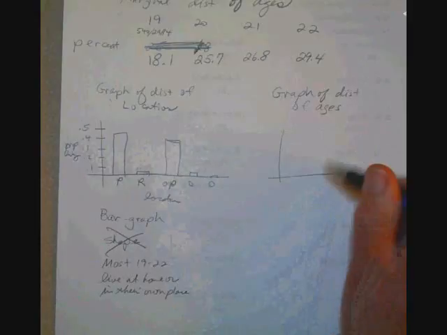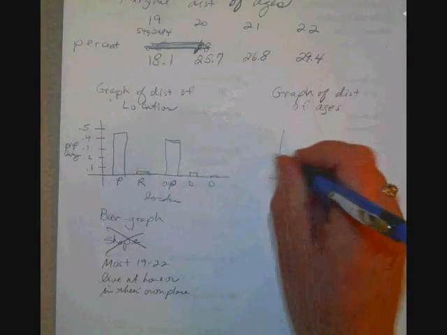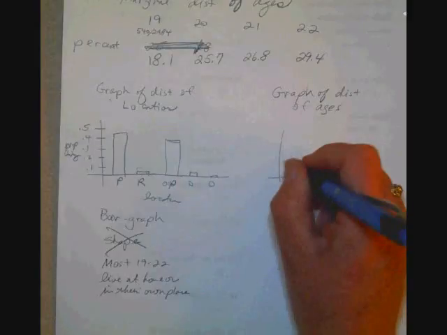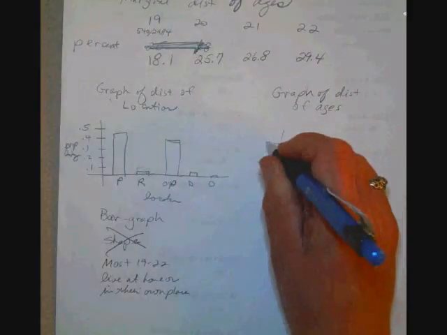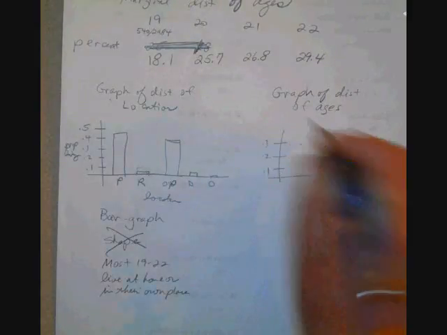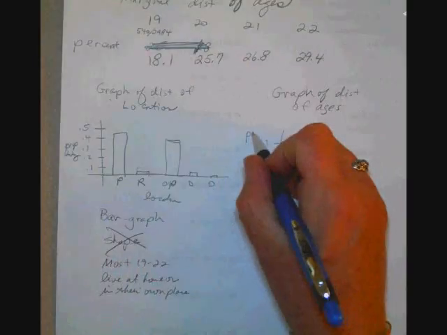The ages, the highest percent went up to 29%, so I'll go 10, 20, 30. These are proportion of age.